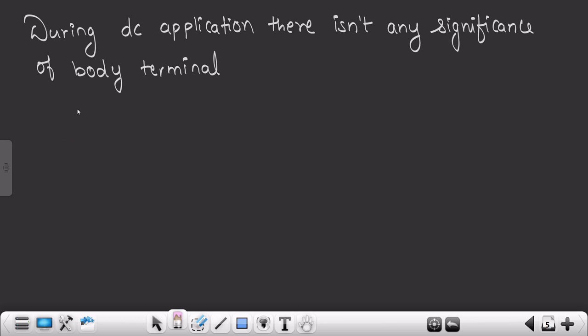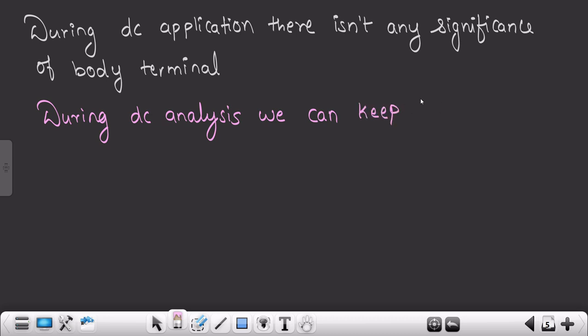So during DC application or during DC analysis, we can keep the body terminal open.